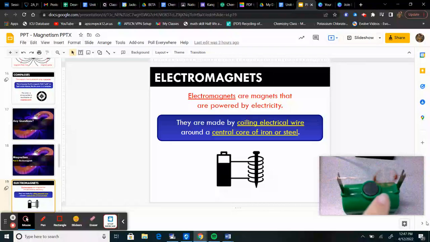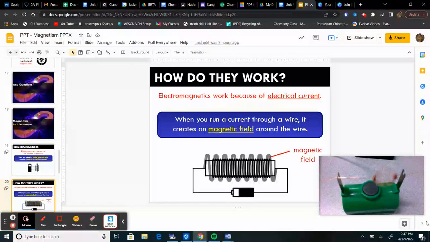It's just my coil is not wrapped around the center. It's using the power of the battery and the magnetic field. So there are various ways to go about your electromagnetics. So with electromagnetics, when the electric current is running through the wire, a magnetic field is temporarily created.